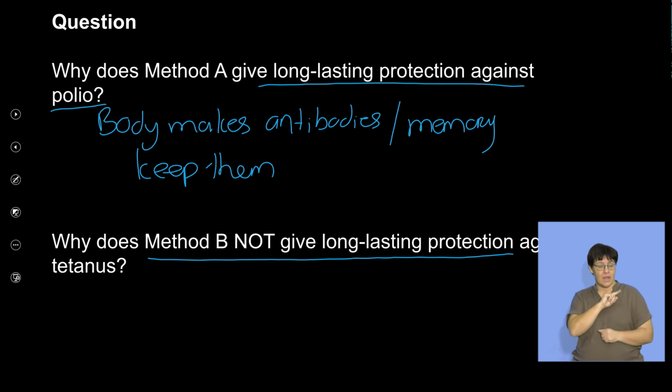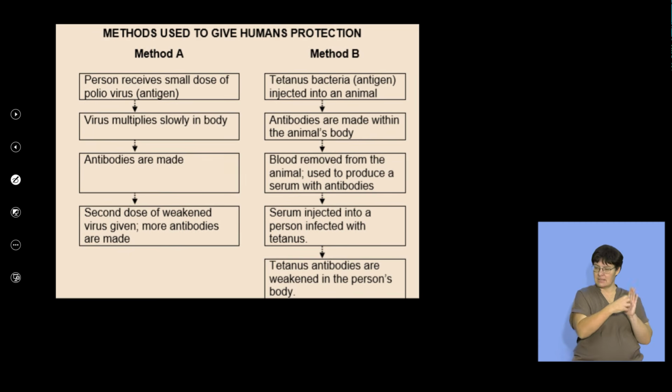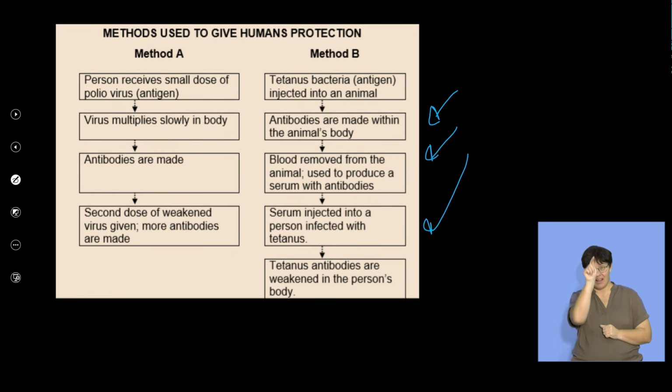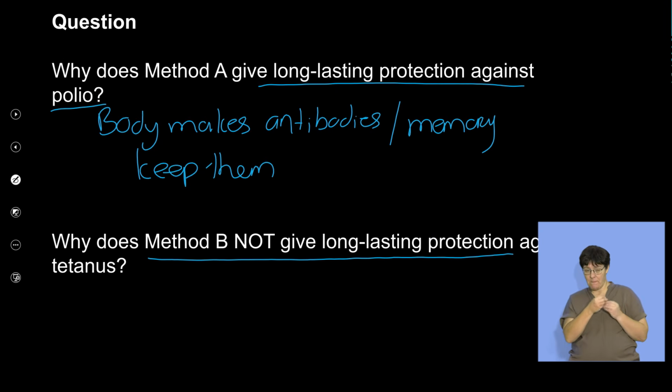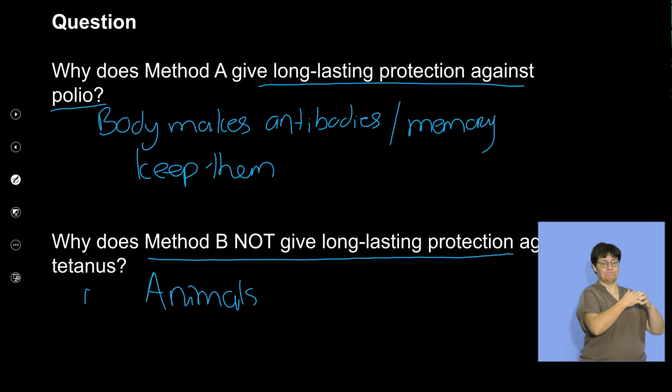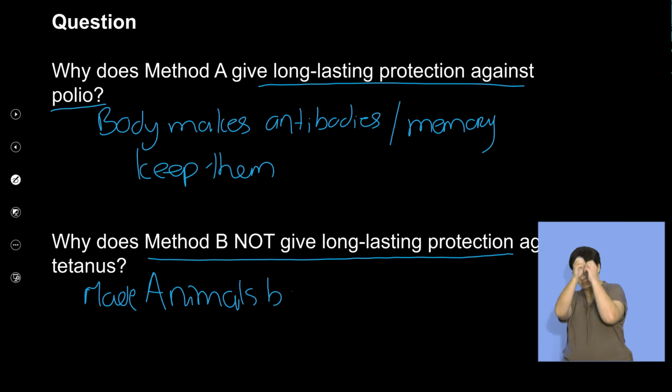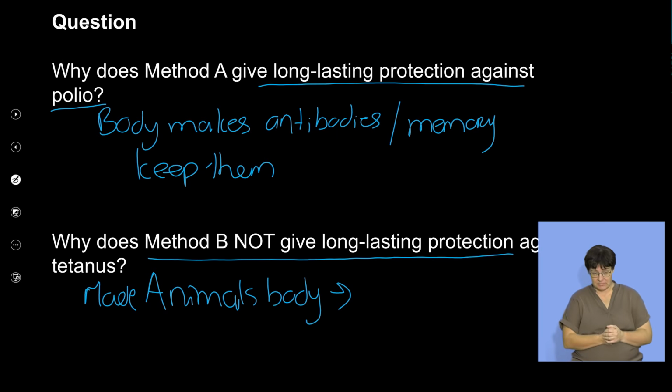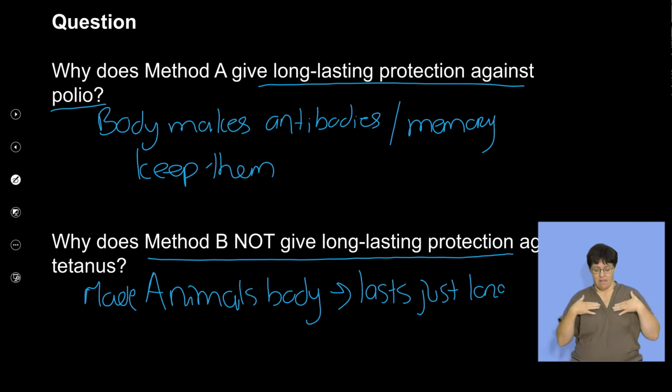Method B does not give long-lasting protection. Why? If we go back, guys, the most important point is this one: the antibodies are made in the animal's body, then they take the antibodies and inject them directly into you. So why does it not last? It's made in an animal's body, not in yours, and it lasts just long enough to help with the infection.